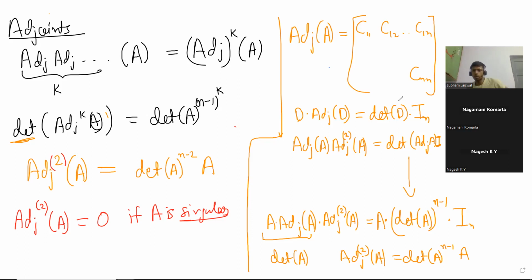So you know already from all these formulas that A times adjoint of A is 0. Just from this formula, right? If A is singular, then A times adjoint A is the 0 matrix. But you want to show adjoint squared is the 0 matrix.